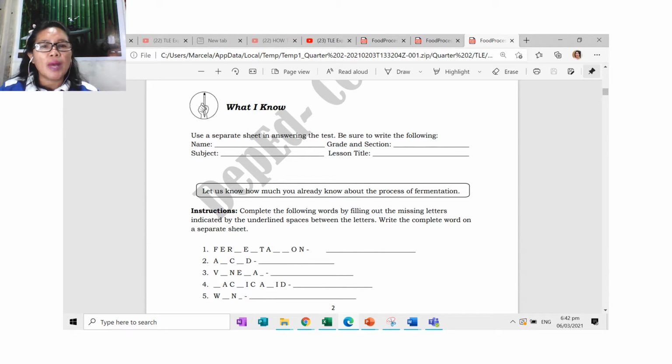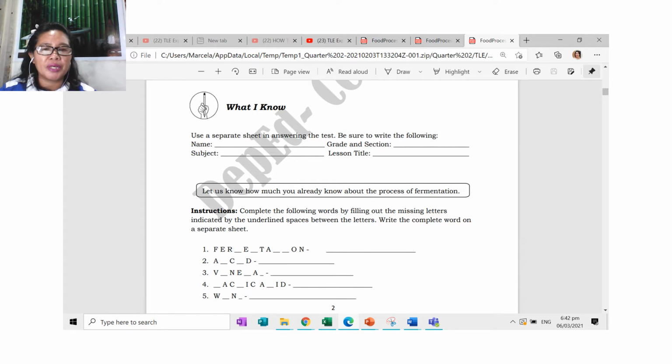Let us know how much you already know about the process of fermentation. The instruction is to complete the following words by filling out the missing letters indicated by the underlined spaces between the letters. Write the complete word on a separate sheet.